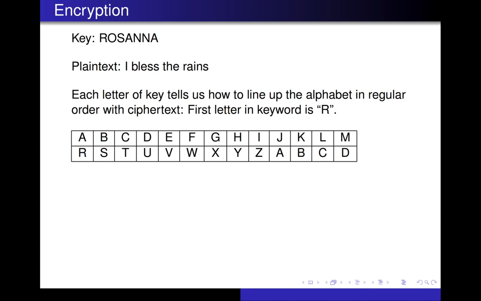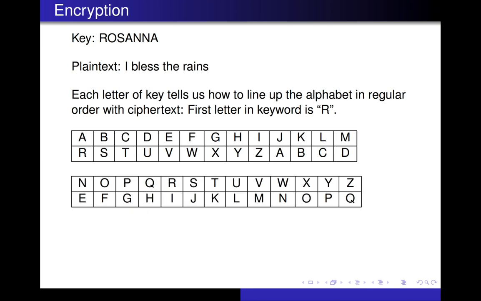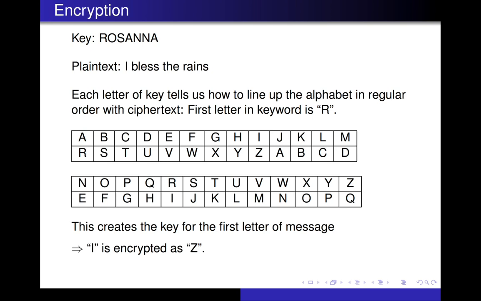Once we get to Z, we're going to cycle back to A, and then we're going to continue all along the alphabet. And what this does is it generates a key for that first letter. So our first letter of our message is I, and so we're going to find the I in that first row. And right below it is the letter Z, so the letter I is going to be encrypted as Z.